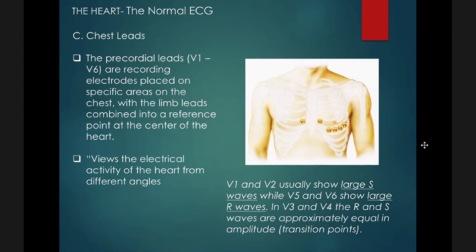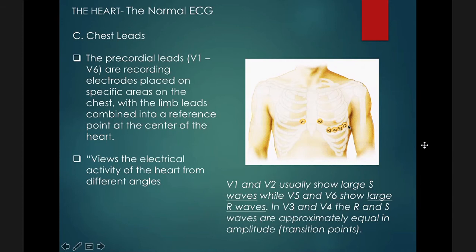Because V1, V2 will show a large S wave. Again, the vector of the ventricular impulse is moving to the left and inferiorly. And so it is moving away from V1, V2, because that's where my V1, V2 are. It will produce a positive deflection in V5, V6.